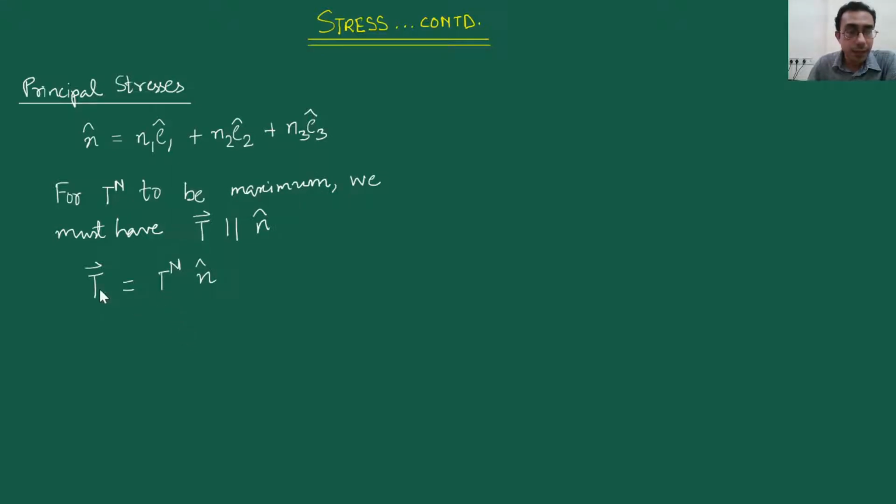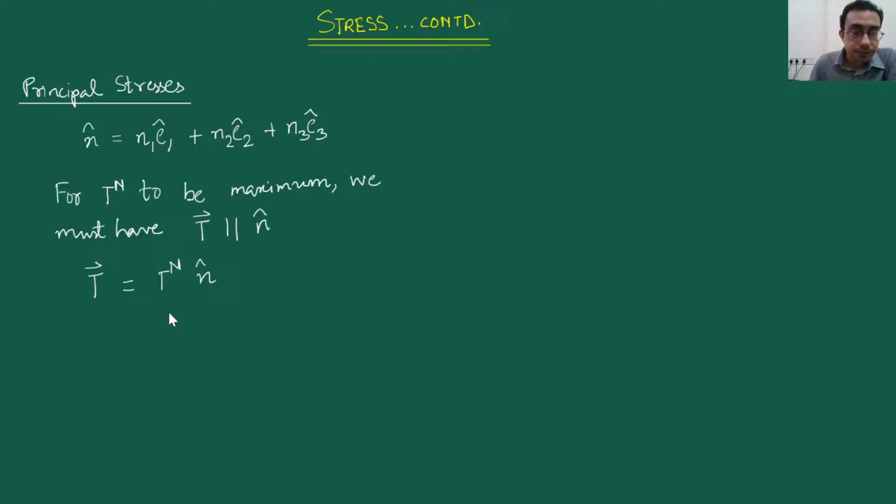The entire magnitude of the t vector is captured by the normal component itself, because we know by definition that the normal component of the traction vector is the component of the t vector along the n hat. But in this special scenario, the t vector itself is parallel to the n hat. So Tn is the whole magnitude of the t vector.